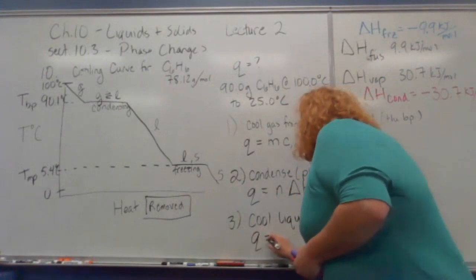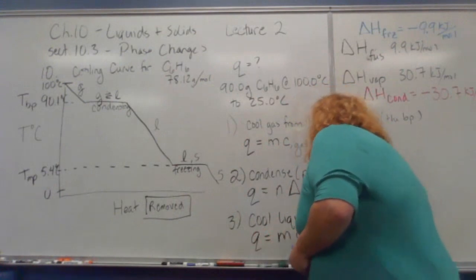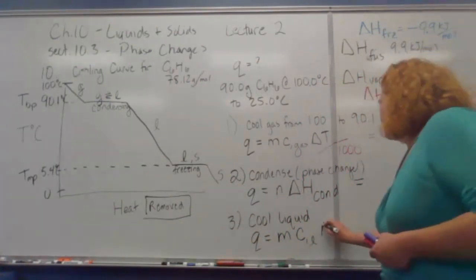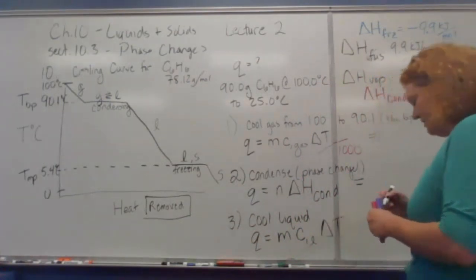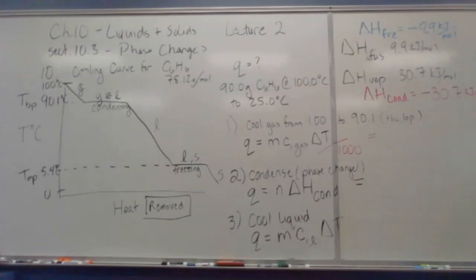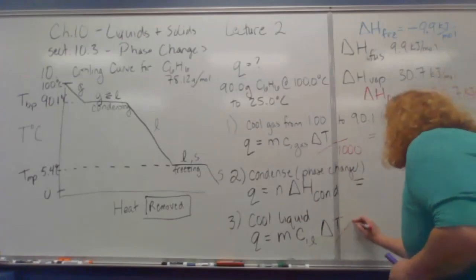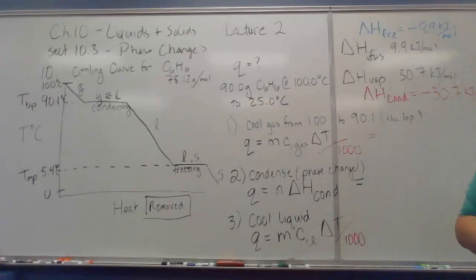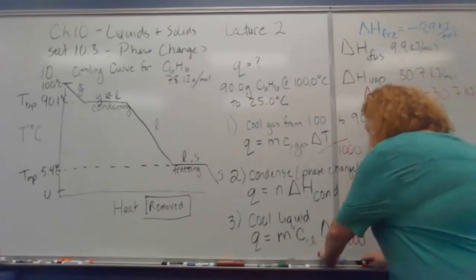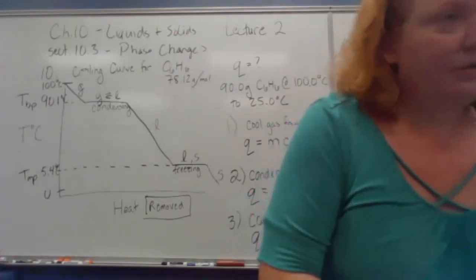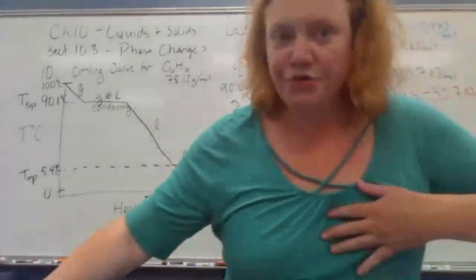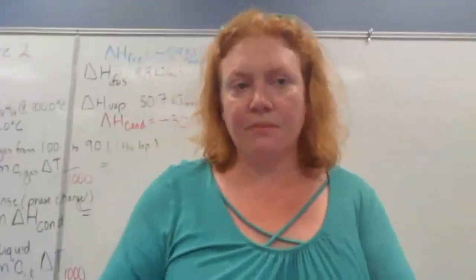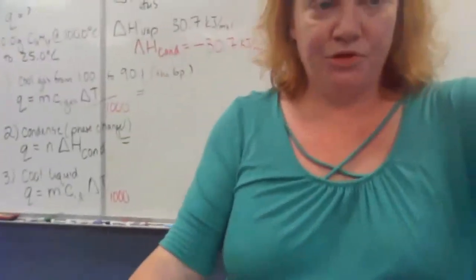So Q equals mass times the specific heat capacity for the liquid phase times your delta T, and then convert it to kilojoules. Right? Okay. So let me give you all a minute to get your answers for each part and then add your total up. And we'll see what we got.